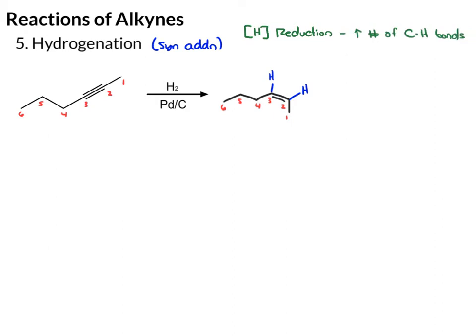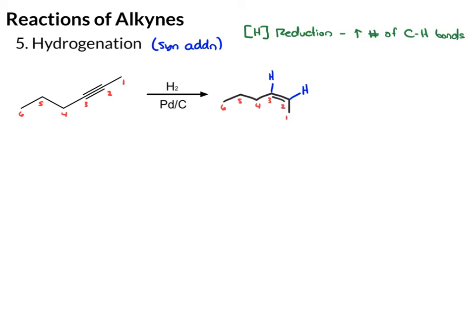The problem is you actually can't stop at this stage. So just to give you an idea of how this reaction is set up, usually, you'll take your alkyne, have it in some solvent, add the palladium catalyst, and then the hydrogen is a gas. So what we often do is put a balloon filled with hydrogen on the reaction flask.